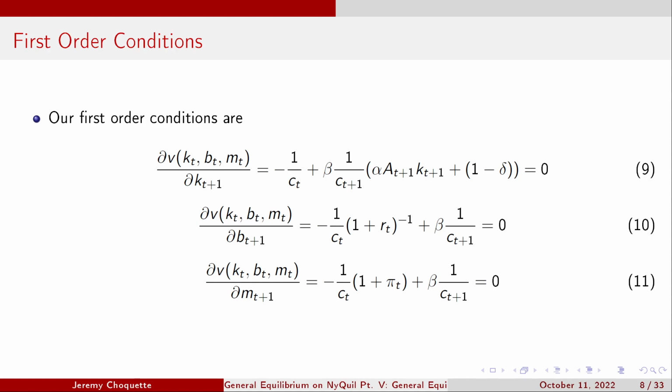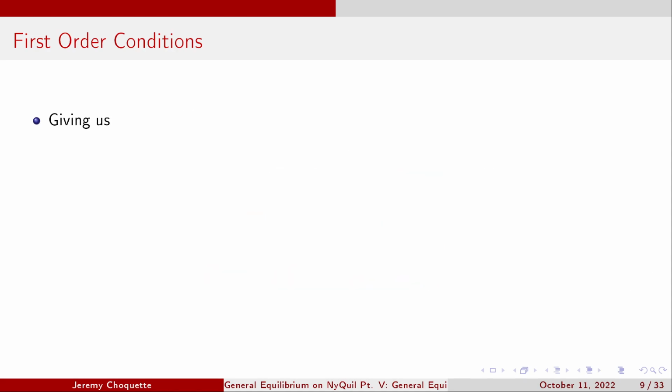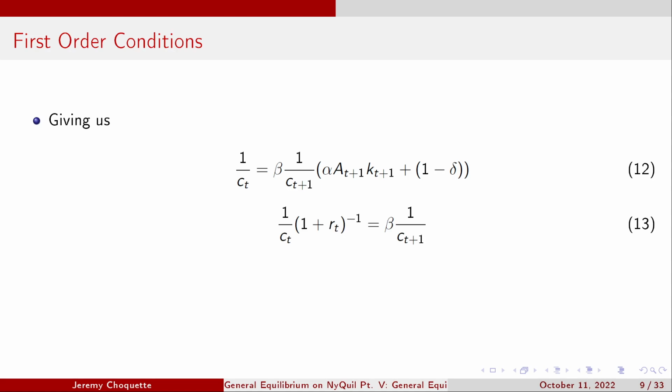So with these three equations here, I have an Euler equation for capital, bonds, and money. If I solve these out, I just move everything over to the other side, I get these three equations. So these right here are my Euler equations. I have an Euler equation for capital, one for bonds, one for money.